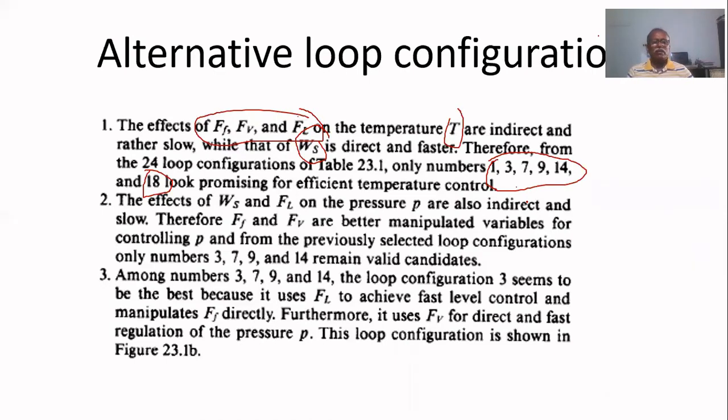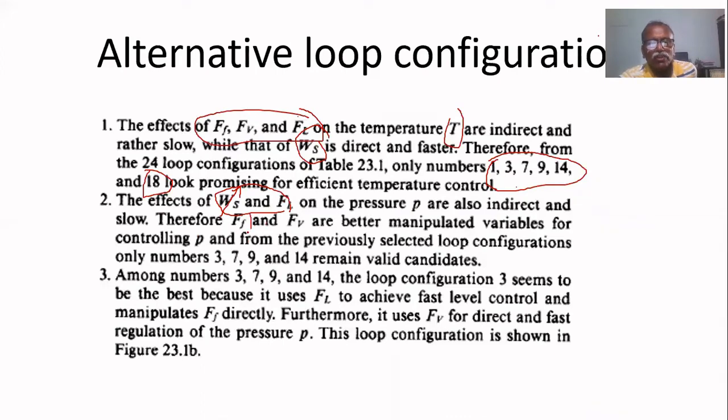Now if you consider the effect of steam flow rate and FL on the pressure P, the effects of WS and FL on the pressure P are also indirect. If you increase WS, temperature will increase, and because of that pressure will increase. If you decrease the liquid flow rate, pressure will increase because of less space. These are all indirect effects.